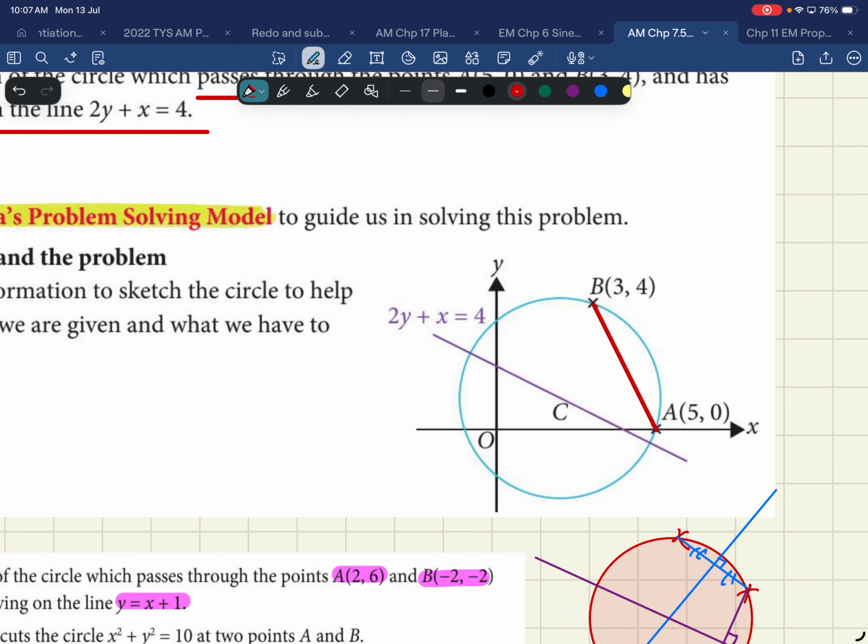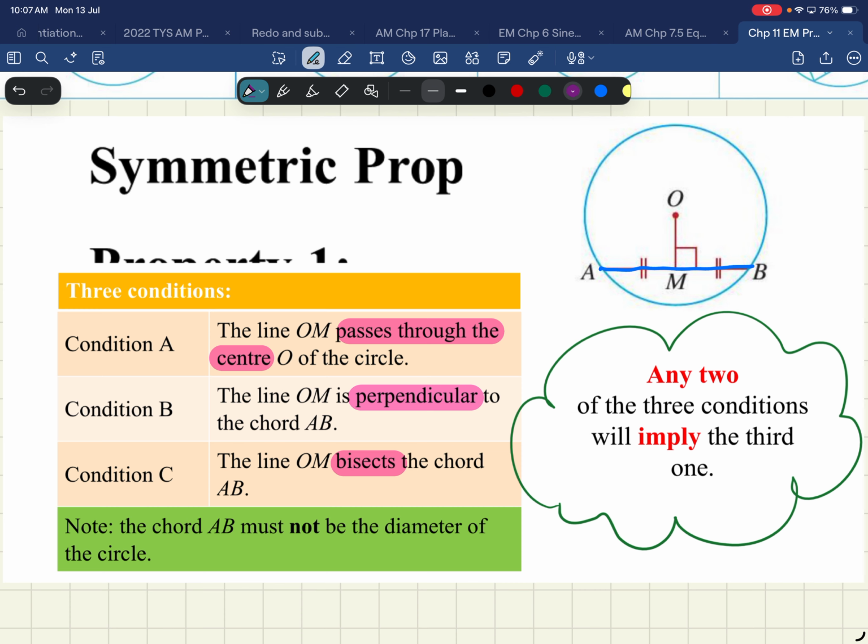And we just learned the property of the circle: any perpendicular bisector of the chord must pass through the center of the circle. So once 2 of the 3 are confirmed, the third can be assumed, remember?